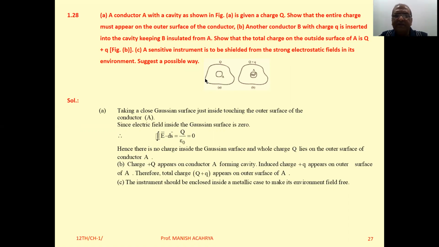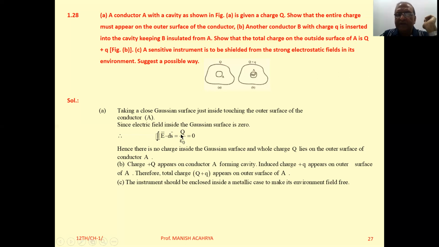Now see here, suppose we place charge capital Q on the conductor A. We already studied the electrostatics of conductors. Inside the conductor, the electric field is always 0. So if we consider a Gaussian surface very close to the outer surface of the conductor, but inside the conductor, and apply Gauss's theorem, then we can write the integral of E dot ds equals Q upon epsilon 0.